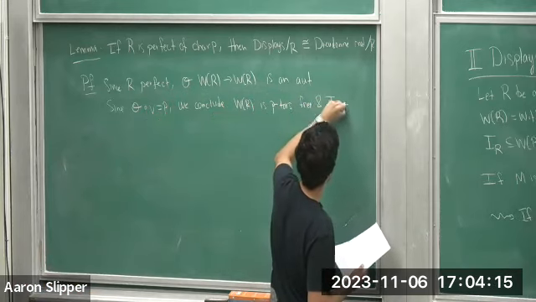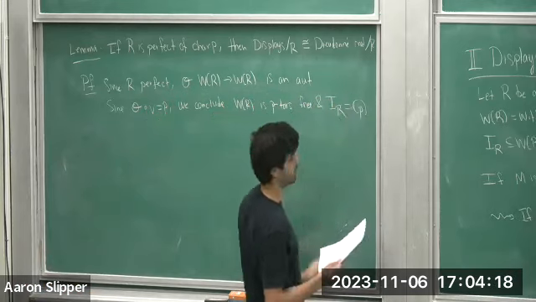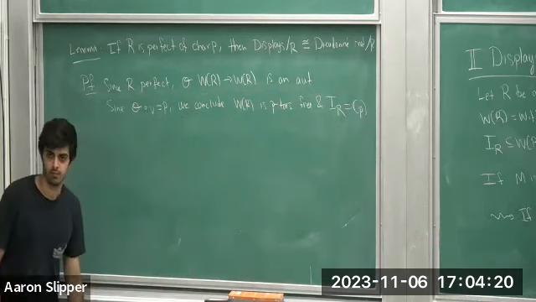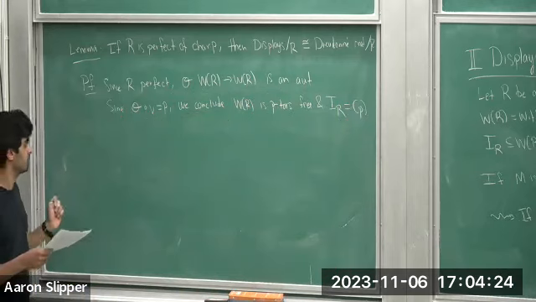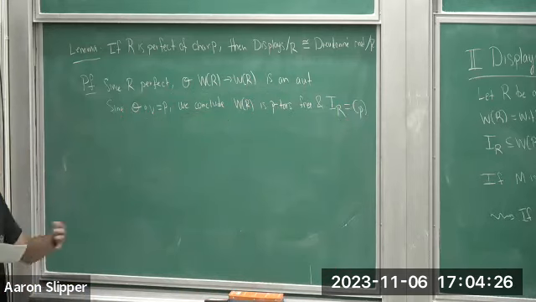This ideal that we described earlier is just the ideal generated by p. And so these are the key properties which will allow us to go backwards.